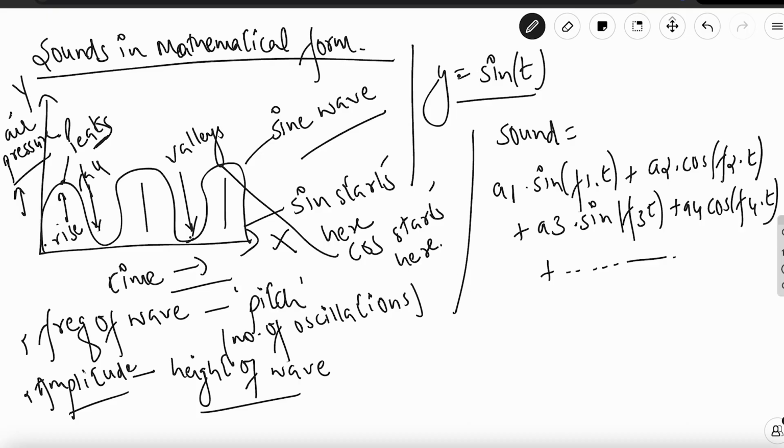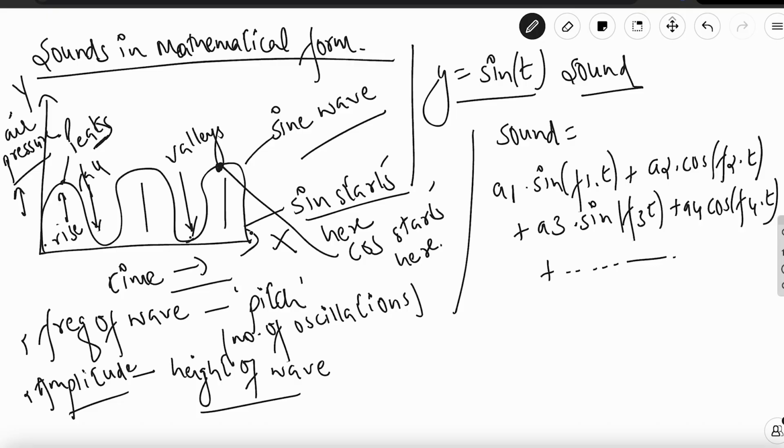Now, the way to represent sound using trigonometry is y equals sine of t, where t is time. In this sine wave, sine starts at the bottom, and cos starts at the peak.